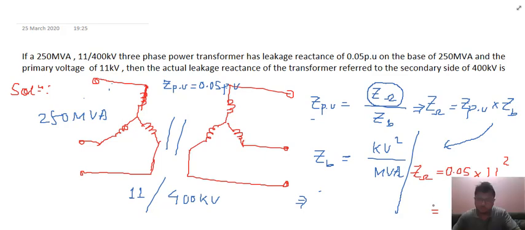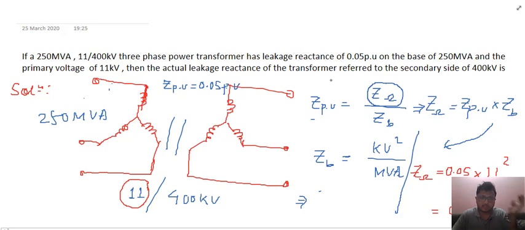After calculation we get 0.0242 ohm. So this much is the ohm in the primary, because we have considered voltage of 11 in the primary. Power rating is the same for both, but the voltage we have considered is the primary voltage. So in the primary side, the actual reactance is 0.0242 ohm.